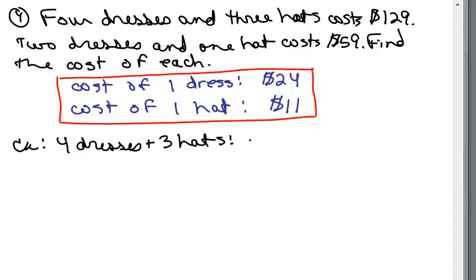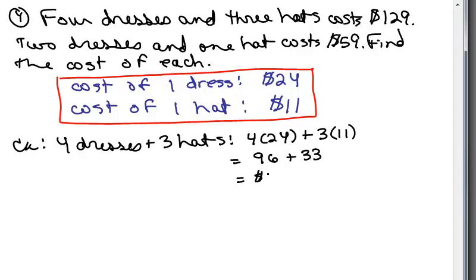Well, 4 dresses would be 4 times $24, right? Plus whatever that is, that's going to be added to the cost of 3 hats, which is $11. So that would give us $96 plus $33. I'm leaving off the dollar sign. But that would be $129, and it said it was $129, so that checks.